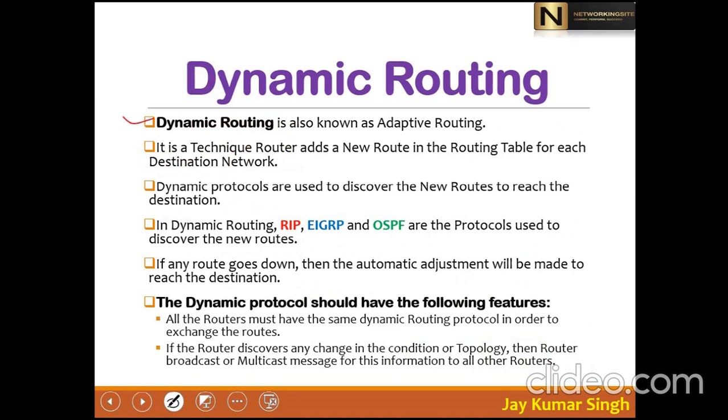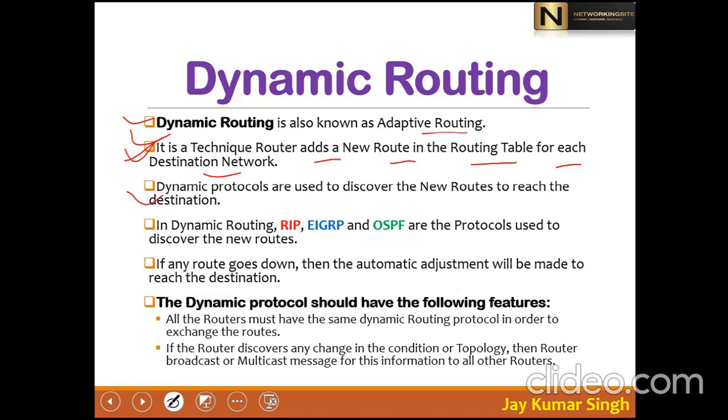So we already know about dynamic routing. Dynamic routing is also known as adaptive routing, and it is a technique in which the router adds a new route in the routing table for each destination network. It is the same as static, but in dynamic these things are automatic, not manual.